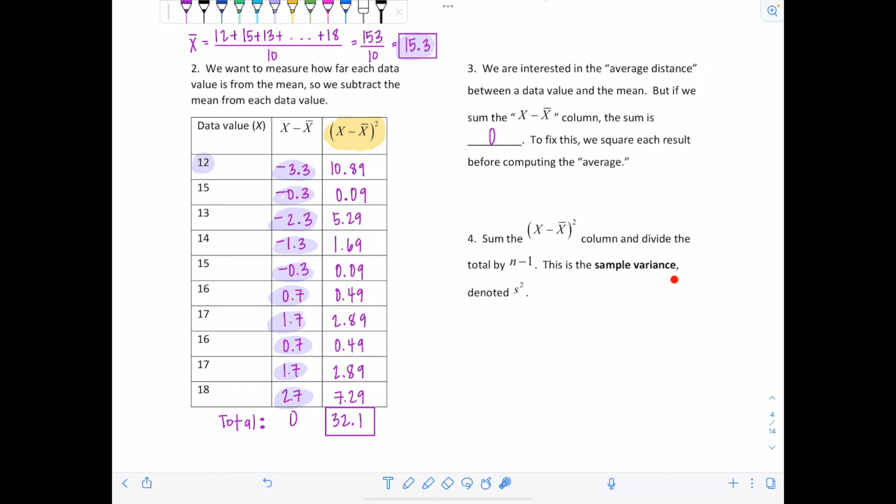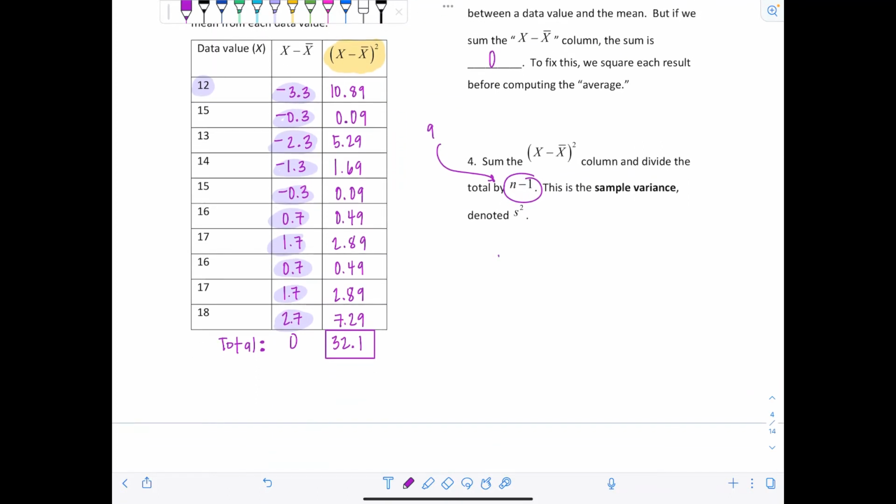This is the sample variance, denoted by s squared. So we had 10 values in our data set, didn't we? So n minus 1 is going to be 9 for this particular example. So the sample variance s squared is 32.1 divided by 9. And this is going to give us 3.6. This is my sample variance.